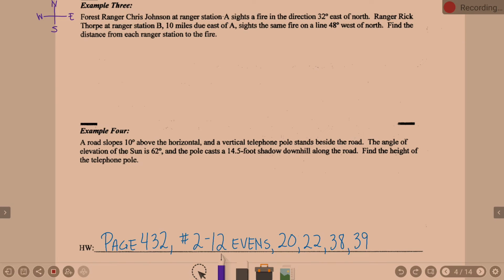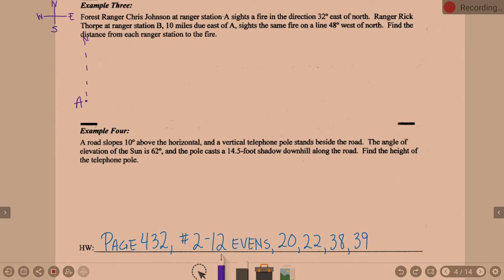Let's talk about the fire. Ranger Chris Johnson at Station A sights a fire in the direction 32 degrees east of north. So where is north on my paper? This is north, correct?